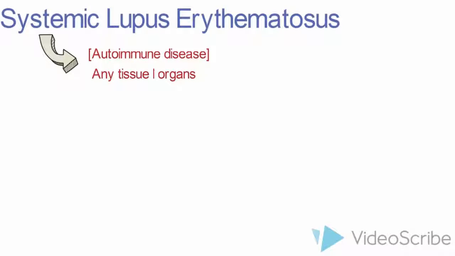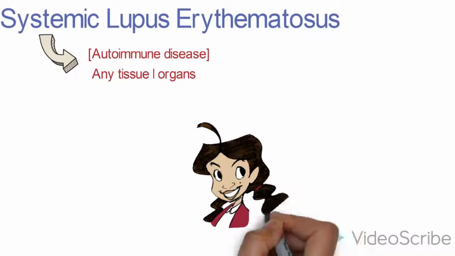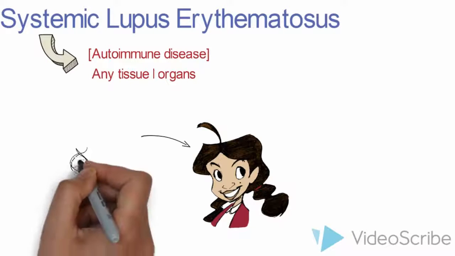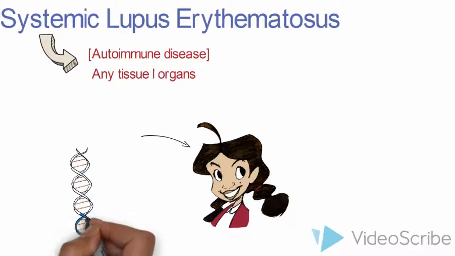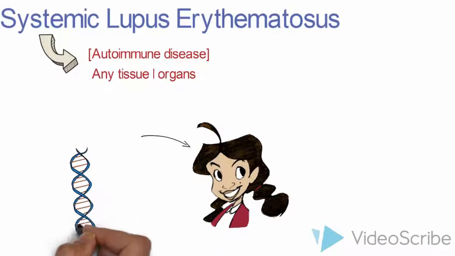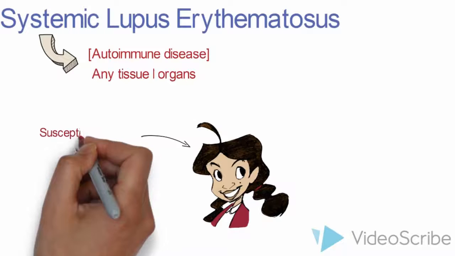So let's set up a scenario. This person, Penny Proud, has susceptibility genes that make her susceptible to getting lupus. So it's in her genes. So let's say Penny goes out for a little stroll.